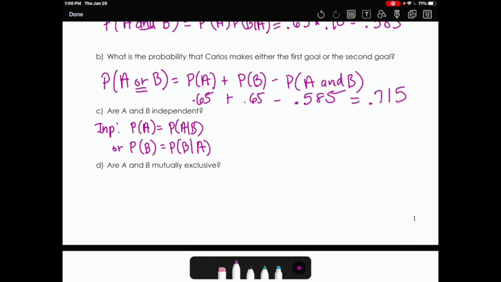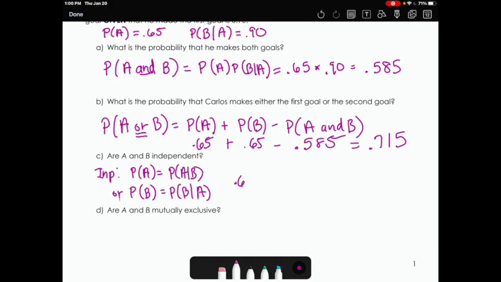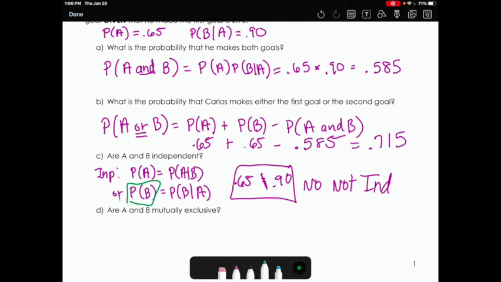Now, if we look at this, the probability of B is 0.65, and the probability of B given that A has happened is 0.90, and these are not equivalent. So we would say no, they are not independent. If they were independent, these two values would be the same.